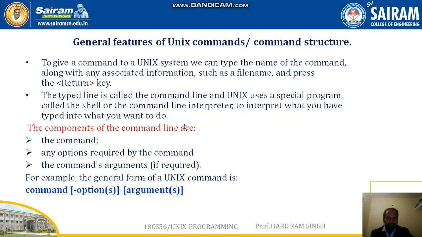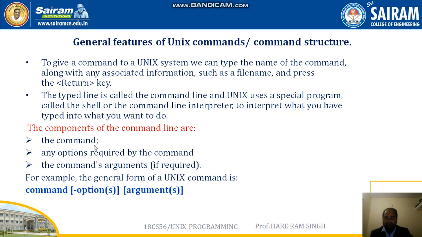The typed line is called the command line, and Unix uses a special program called the shell, or the command line interpreter, to interpret what you have typed into what you want to do. So once you type the command in the command line, a special program called the shell runs. That shell, also called the command line interpreter, interprets the command which you have typed in the line.